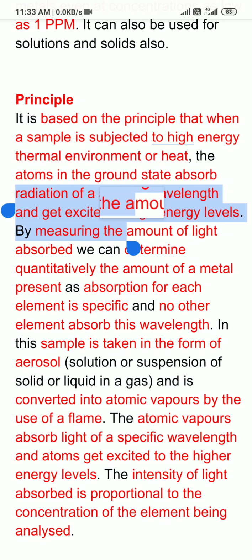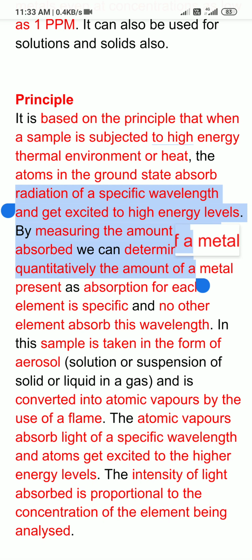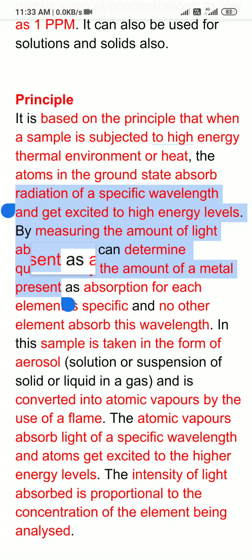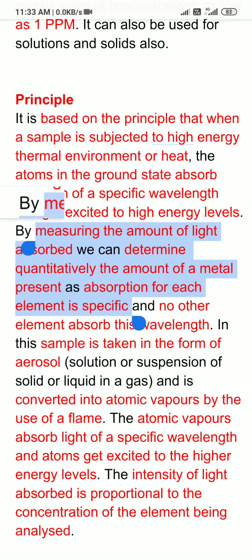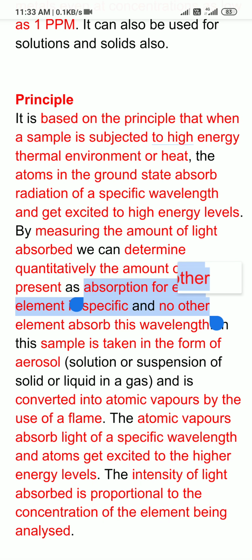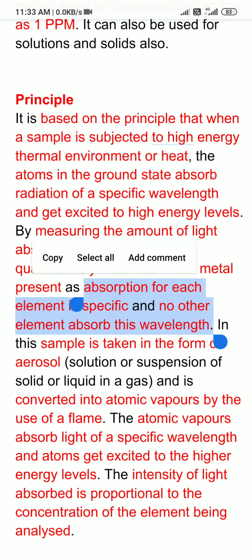So by measuring the amount of light absorbed at a particular wavelength, we can determine quantitatively the amount of a metal present. Why? Because absorption for each element is specific. Specific here means that if we have different metals, then one metal will absorb one wavelength and another will absorb at another wavelength. So absorption for each element is specific and no other element absorbs this wavelength.